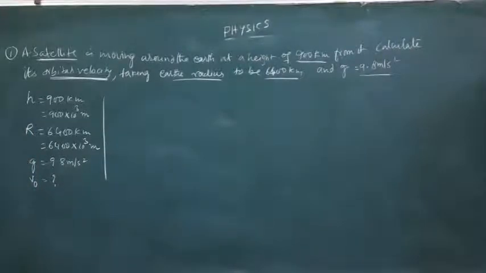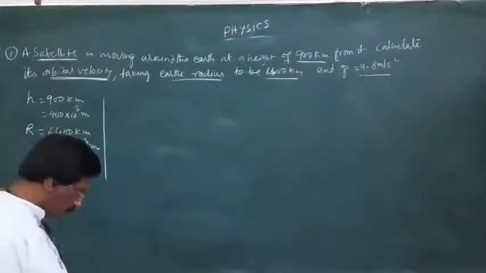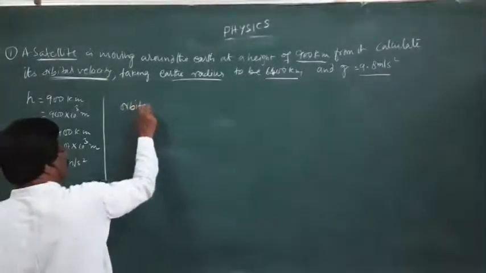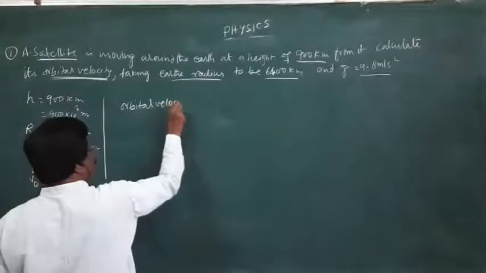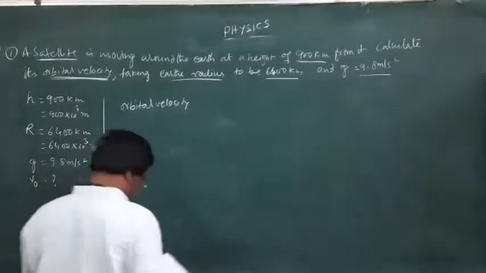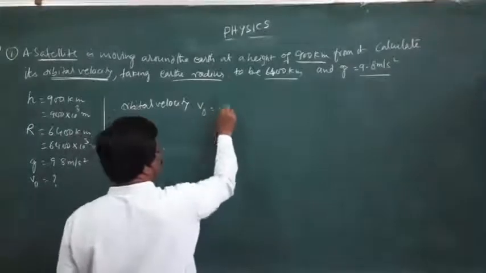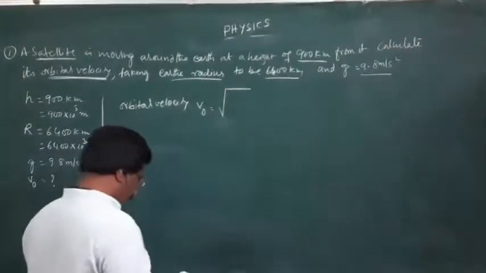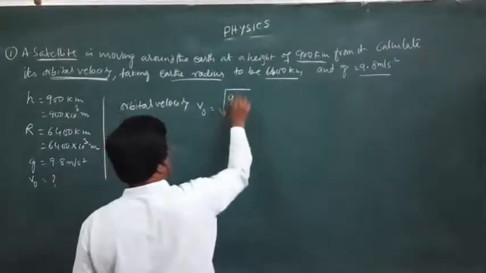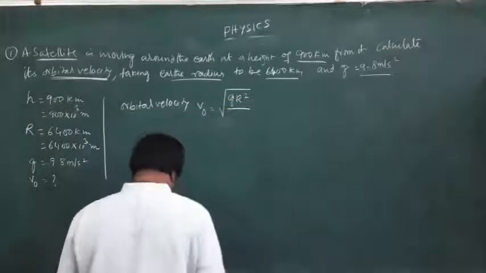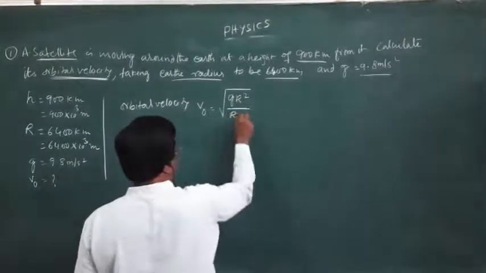So what is the formula? We have derived this formula. The orbital velocity V naught is given by V naught equal to square root of g R square divided by R plus h.